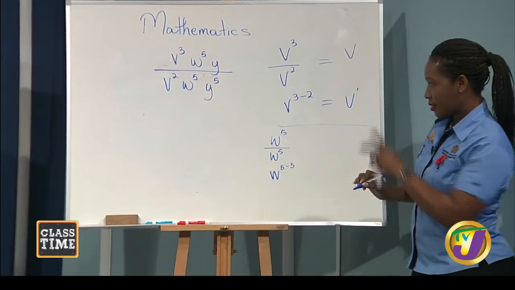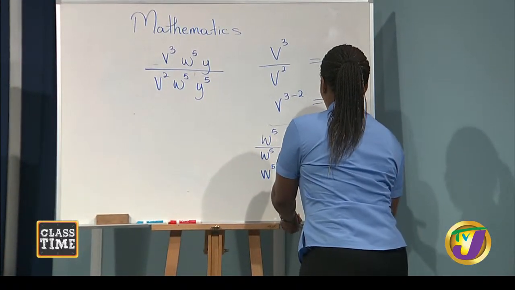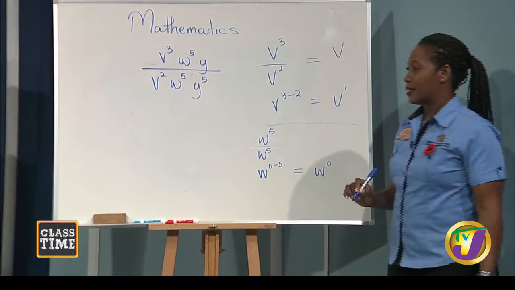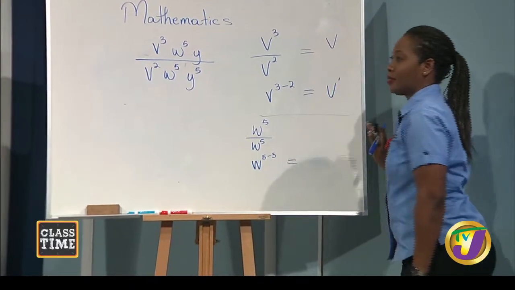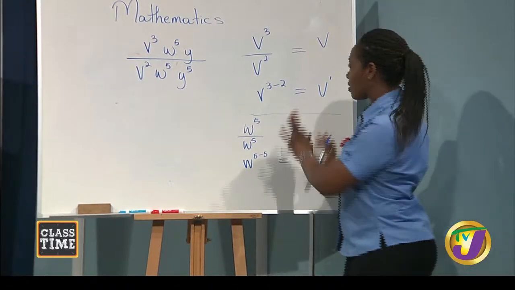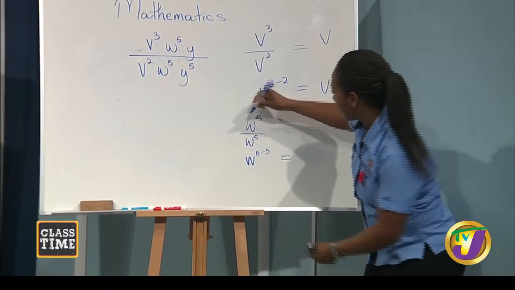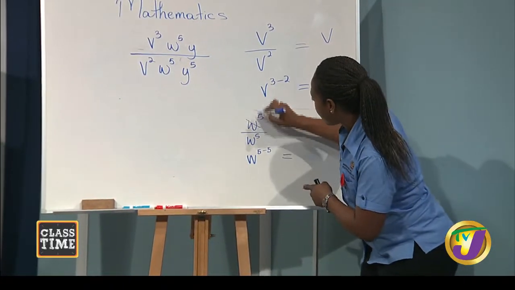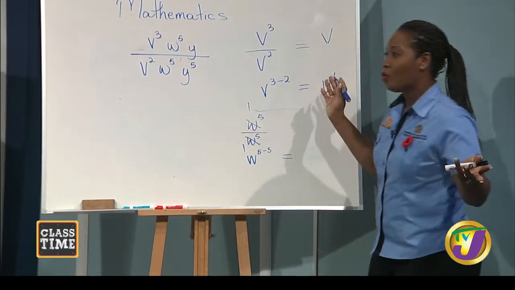Subtracting the powers, I would end up with, wow, I just don't have any W left. We're going to talk about that, W to the 0 power. As you can see, if you're factorizing W to the 5th power, it factorizes out each other, leaving 1.